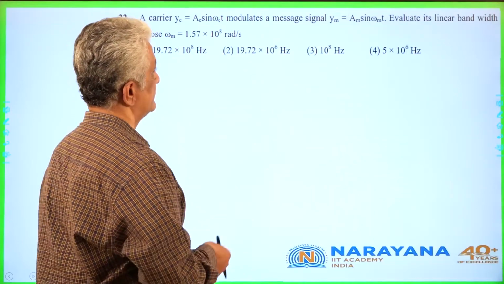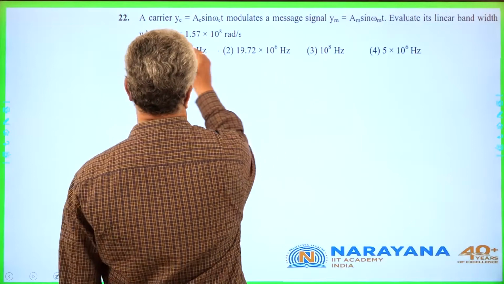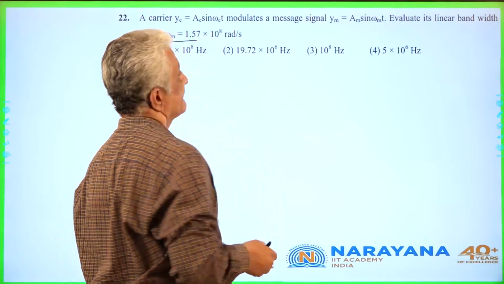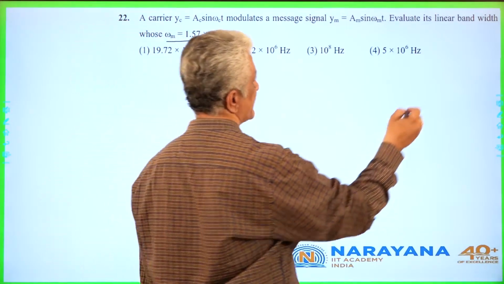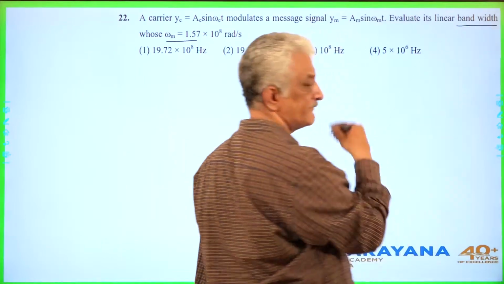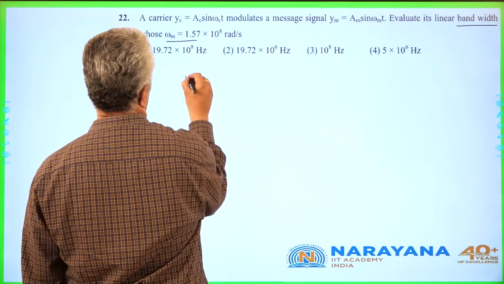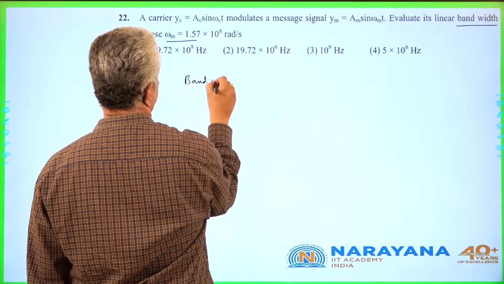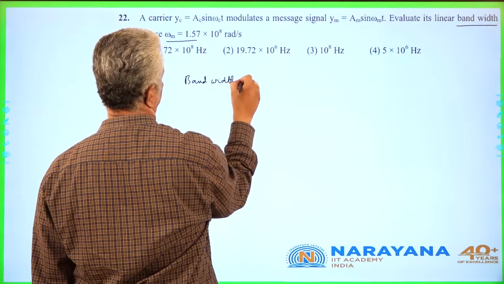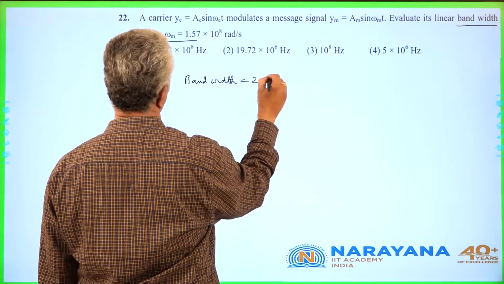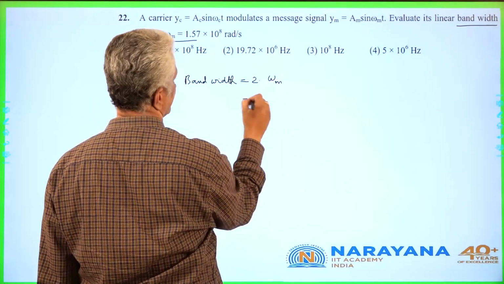Next 22. As the modulation frequency is given, we require bandwidth. Bandwidth means where half of the amplitude comes, how much gap is there, that is called bandwidth. And direct formulas we are supposed to remember. Bandwidth is 2 times that modulated frequency.